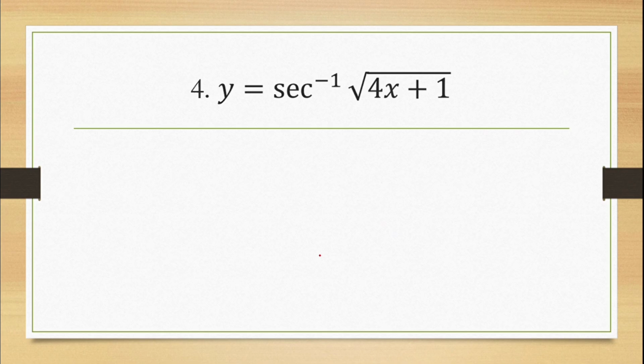In number 4, y is equal to inverse secant of the square root of 4x plus 1. So we are going to cite the formula for this part. The formula for inverse secant is 1 over u times the square root of u squared minus 1, times du over dx.